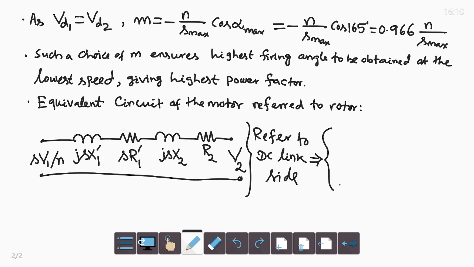We have the voltage VD1 and we have the voltage VD2 with polarity as shown.